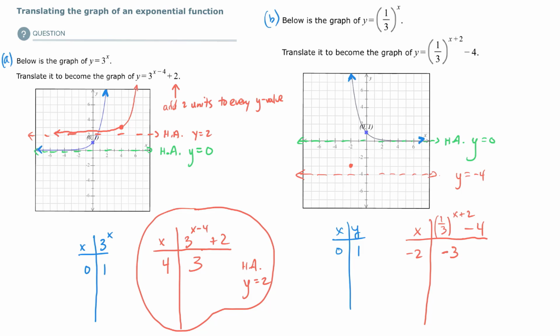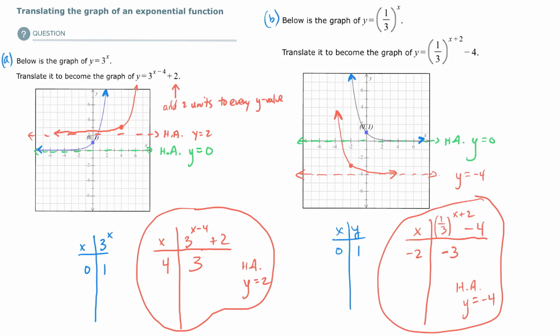And draw your graph, which is still an exponential decay. Like that. Once again, gotta label your horizontal asymptote if you want to receive full credit. Gotta label your new ordered pair. And then, of course, the graph. Your final answer is displayed in the graph above, which is the red graph.